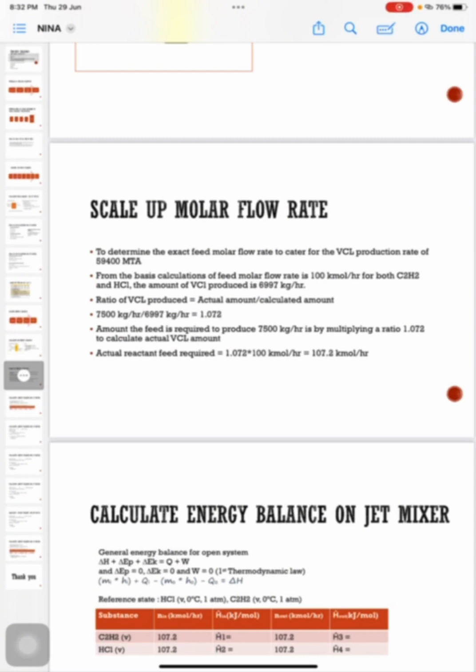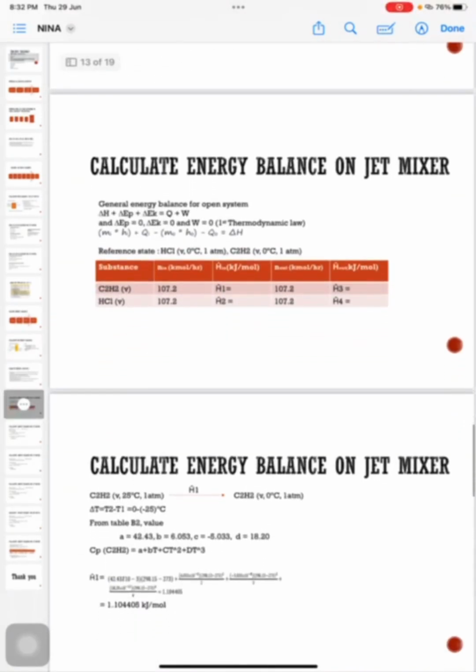So I have to use the ratio of VCl produced equal to actual amount over calculated amount. So I got the ratio. Then the ratio must be multiplied by the calculated amount. I got the actual, which is 107.2 kmol per hour.